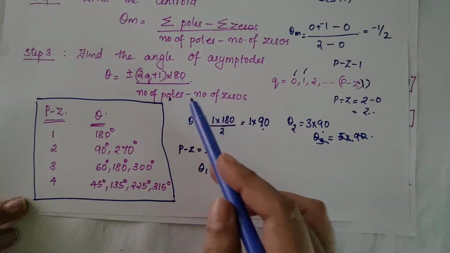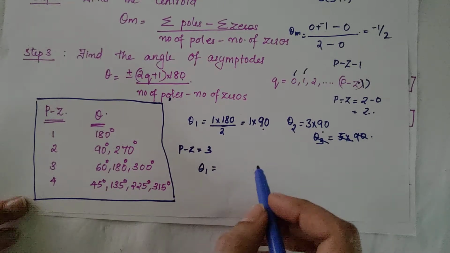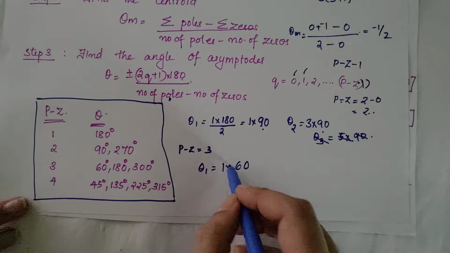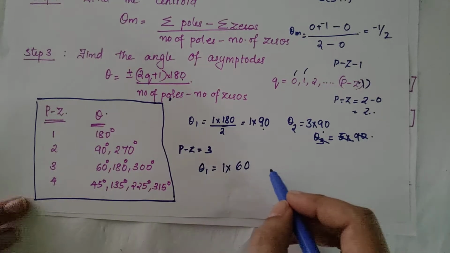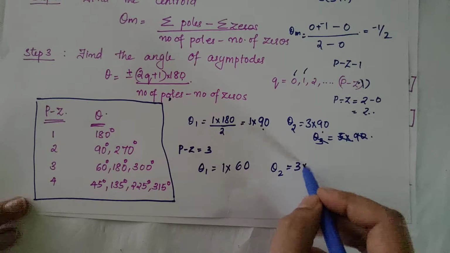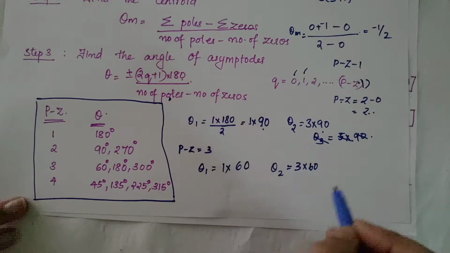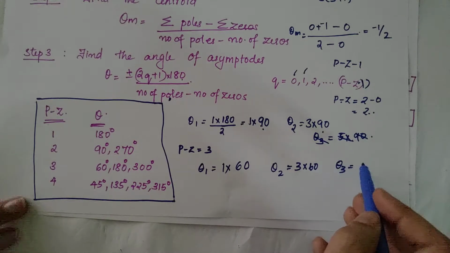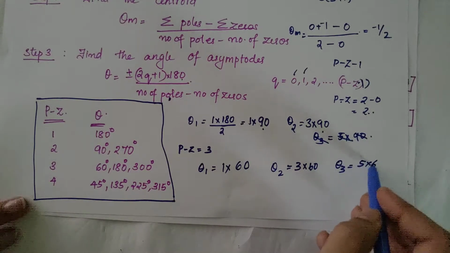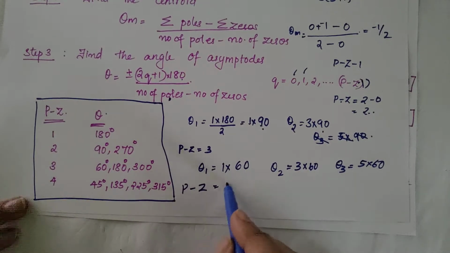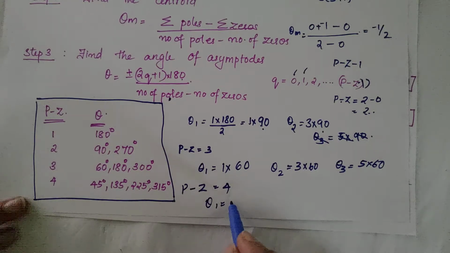If p minus z is equal to 3, then theta 1 is equal to 180 by 3, which is 60. So theta 1 will be the first multiple into 60, theta 2 will be the second odd multiple with 60, and there will be three values. Theta 3 will be 5 into 60. If p minus z is equal to 4, there will be four values.